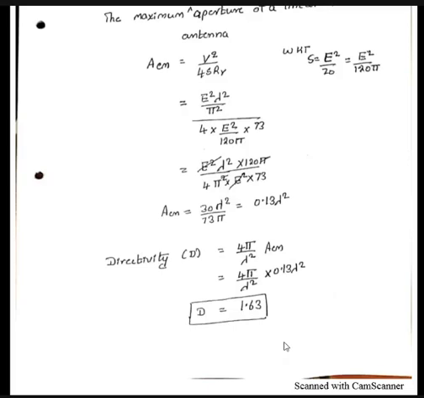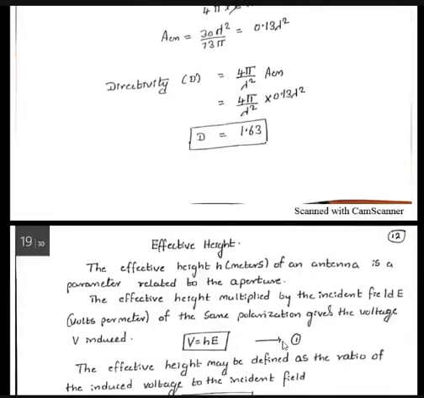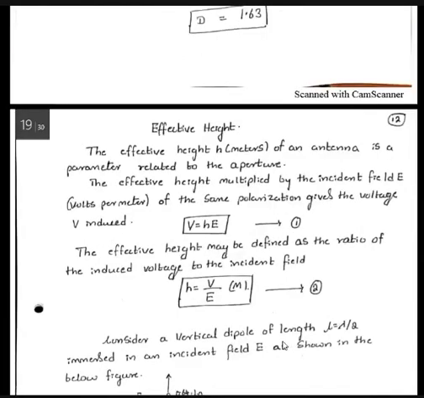In the same way we'll continue to the next topic, that is effective height. What is effective height? The effective height of an antenna is particularly related to the aperture. We can also define the induced voltage as the effective height multiplied by the electric field, from that particular equation number one.